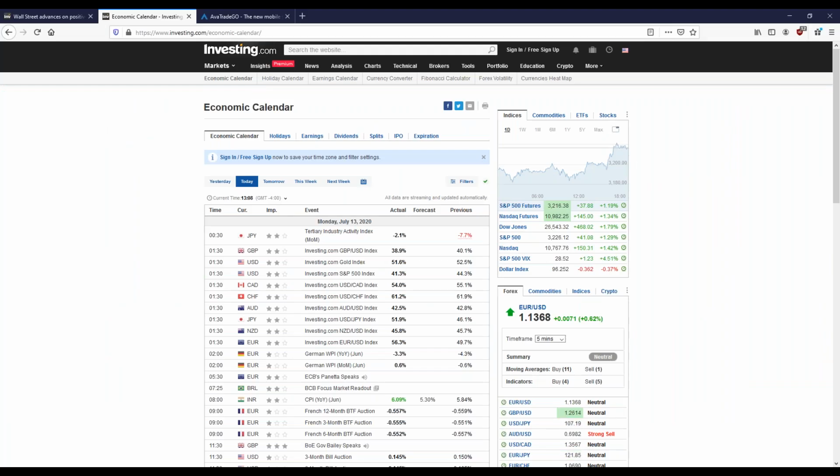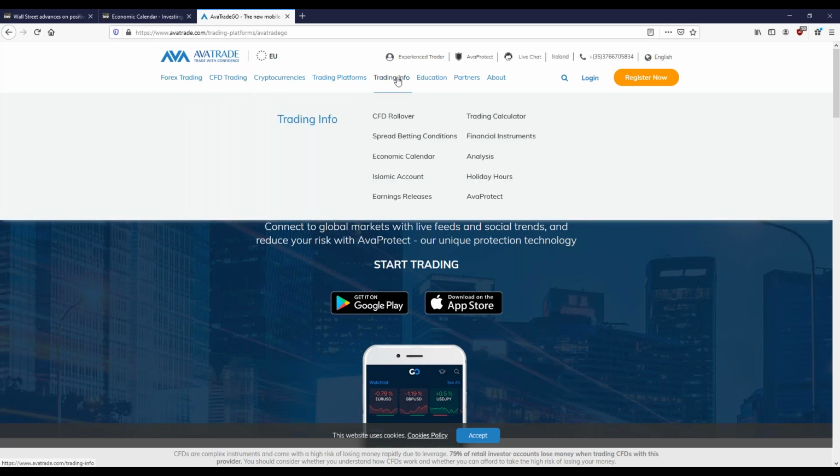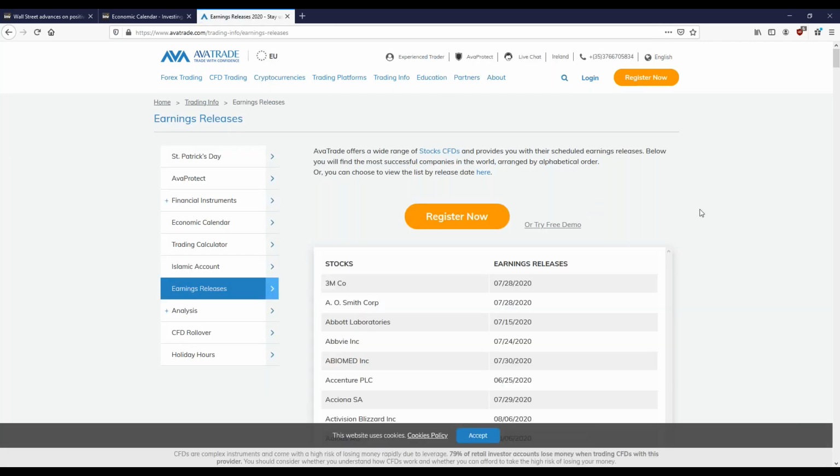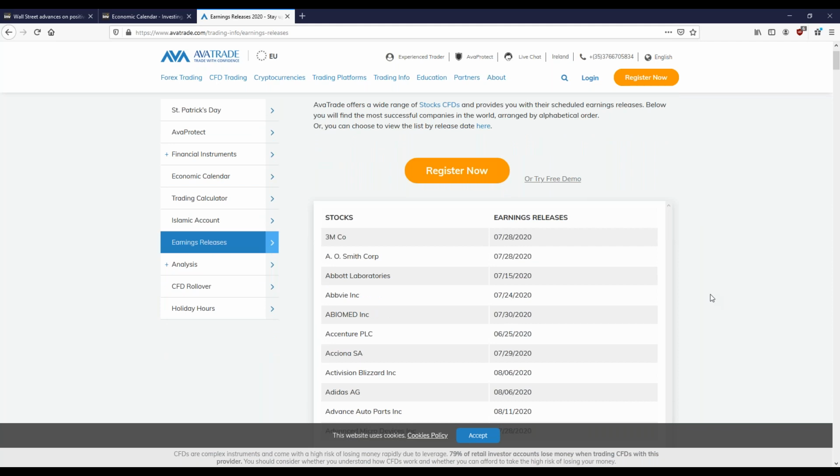Oh, and by the way, I forgot to show you. If we go to AvaTrade, we go to trading info, it's earnings season, something you should pay attention to. Earnings season, that means corporate earnings are being reported. Any publicly traded company has to report earnings, typically quarterly, okay? And so this week are the big banks, Bank of America, Citigroup, and some others, Barclays.